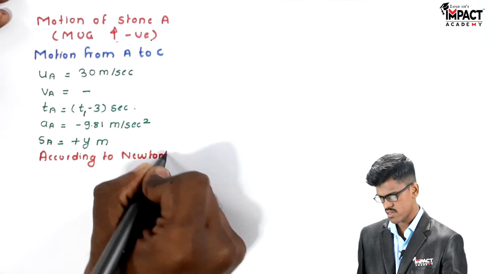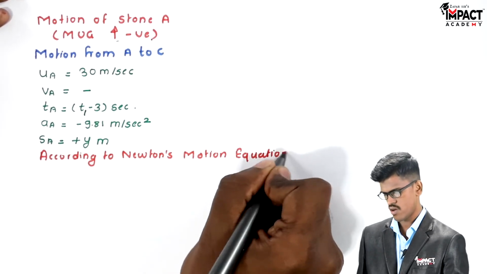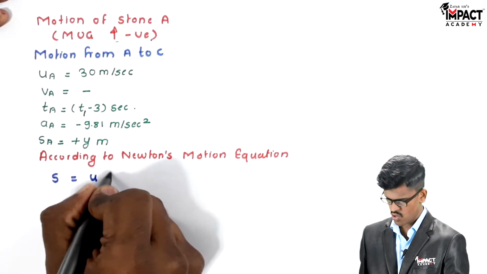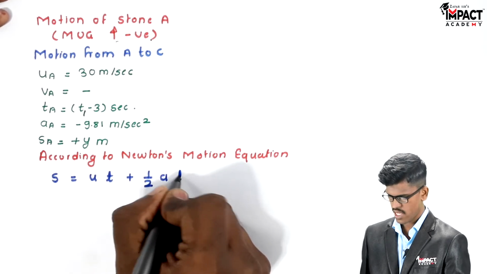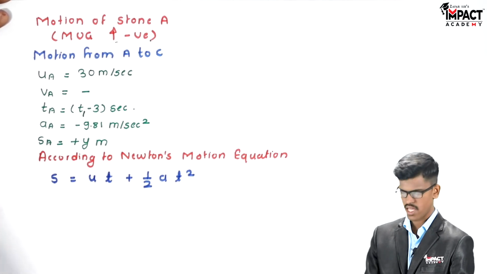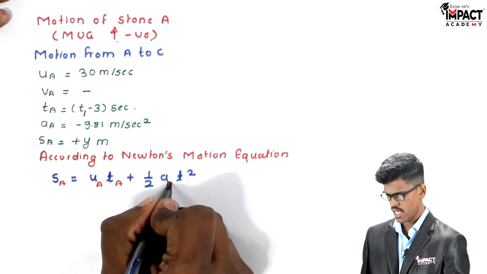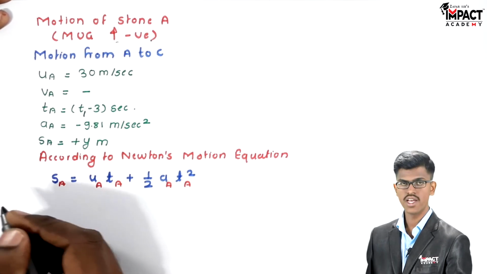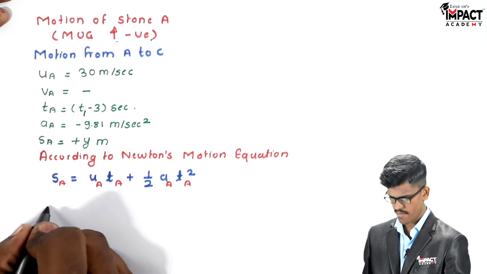So according to Newton's motion equation, S is equal to ut plus half at square. Here SA, UA, TA, AA. The displacement of stone A is positive y.